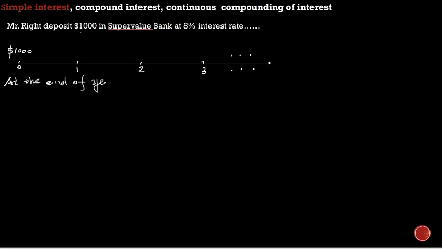At the end of year 1, what he will get is simple principal $1,000 plus the first year's interest. How to calculate the interest is the principal times the interest 8%.